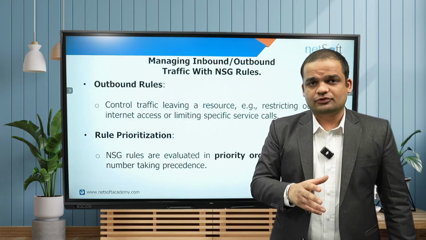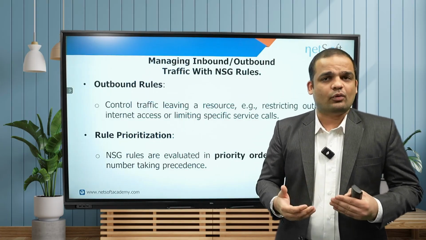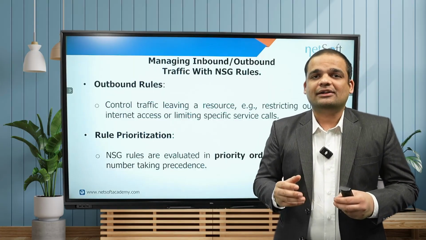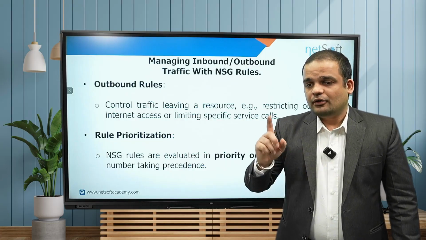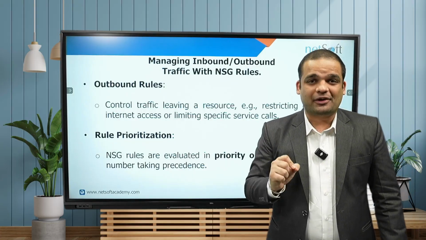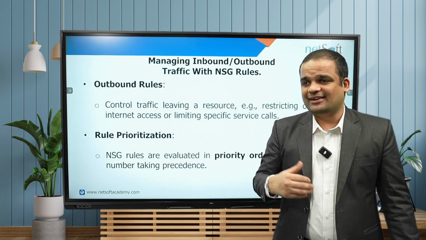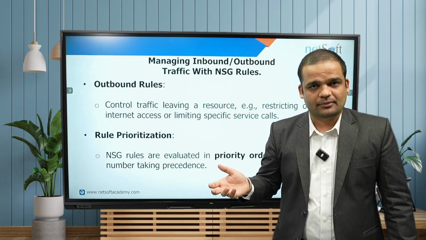It is crucial to organize and structure your rules in such a way that you minimize conflicts and ensure the correct flow of traffic. Remember, give some gap between priorities as well. If the first rule has priority 100, the next should be 110 or 150 or even 200.